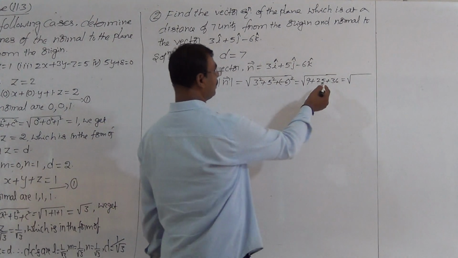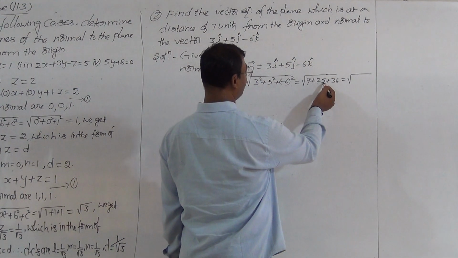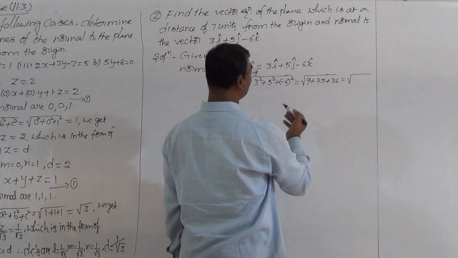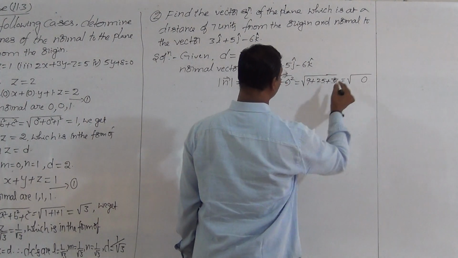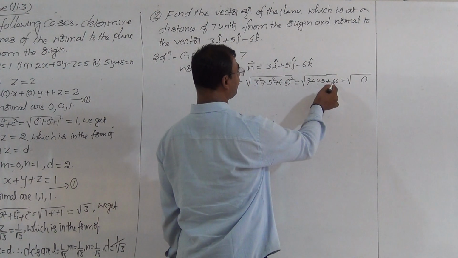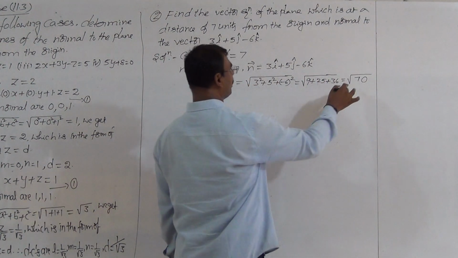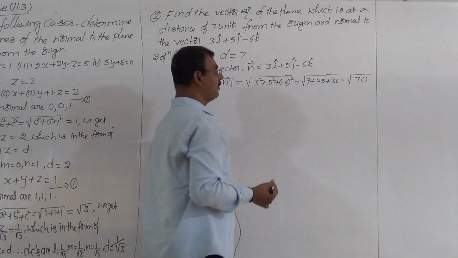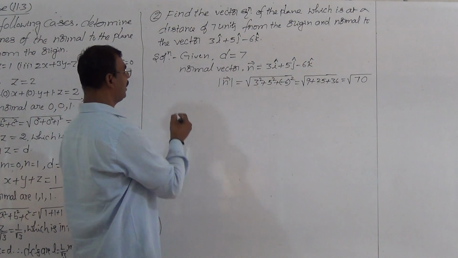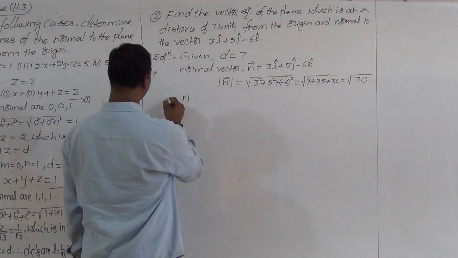How much is this? 6 plus 5, 11. 11 plus 9, 20, 0, 2 carry. 2 plus 3, 5. 5 plus 2, 7. So we got square root of 70.